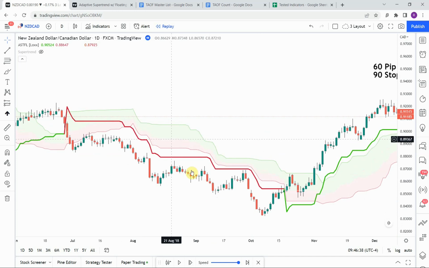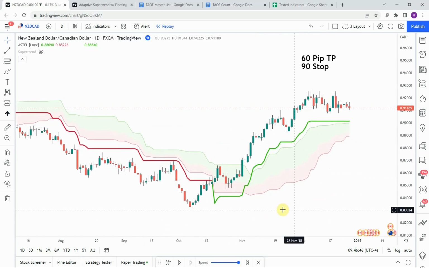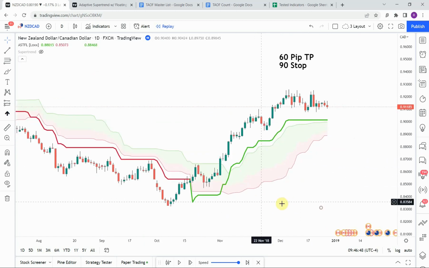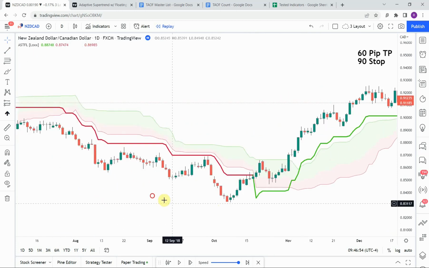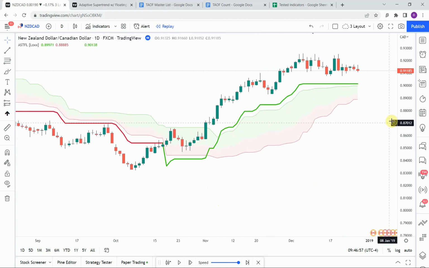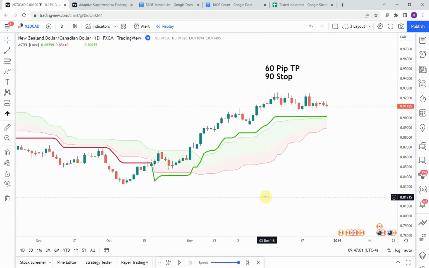You can see that we basically have this cloud, kind of similar to the Ichimoku system, kind of floating there, as the name implies, along with the super trend. That gives us an opportunity to test this in a different way than we tested the standard super trend.